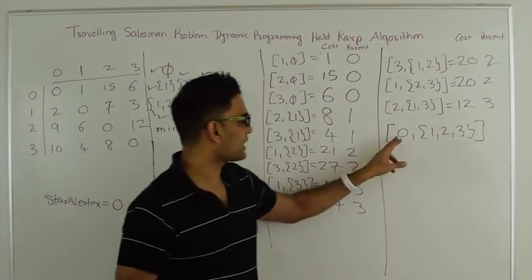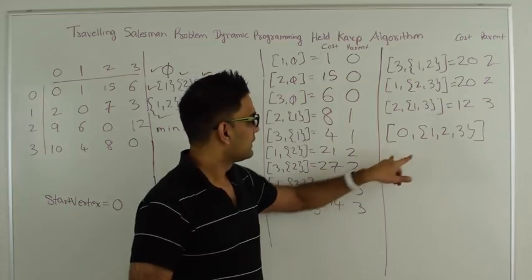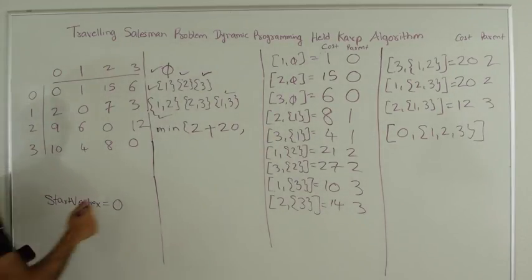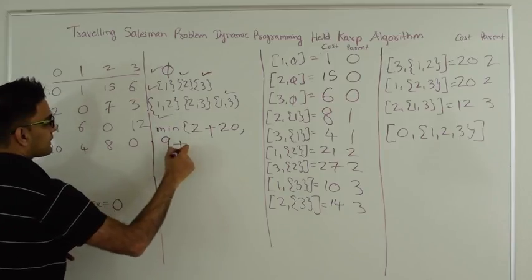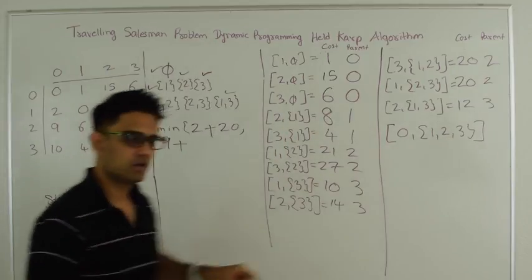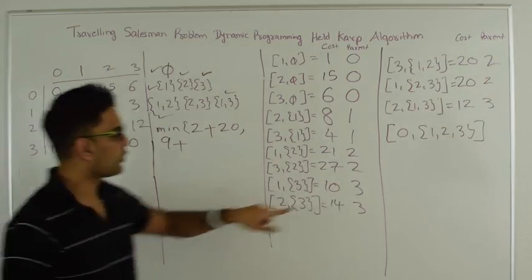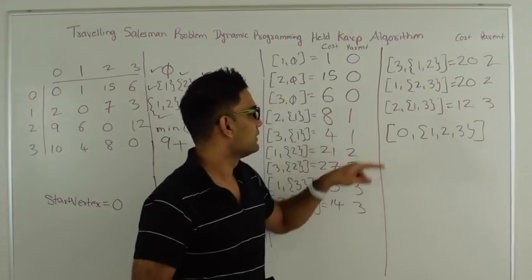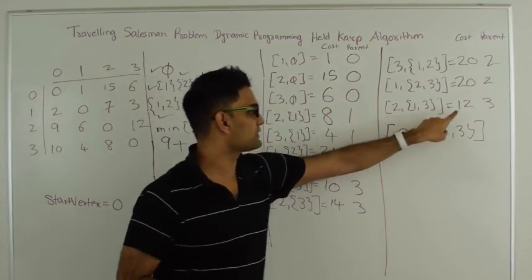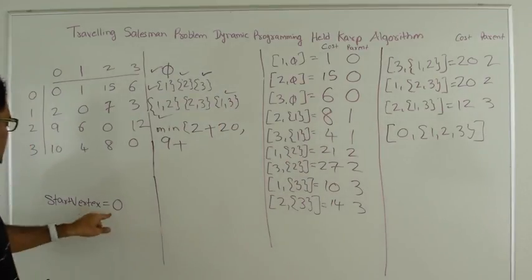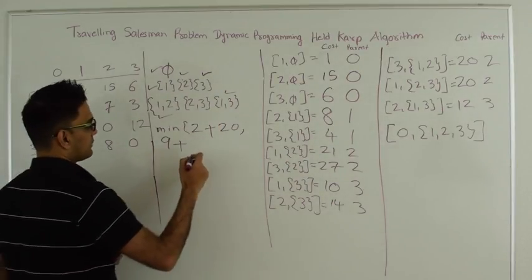If the vertex right before 0 is 2, then the cost to reach from 2 to 0, so 2 to 0 is 9, plus whatever it takes to reach 2 from 0 going via vertex 1, 3. So that value is right here. 12 is the minimum value to reach 2 going via vertices 1, 3 starting with start vertex 0, so 12.